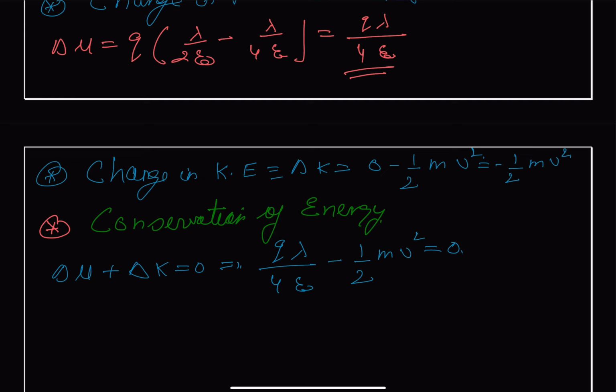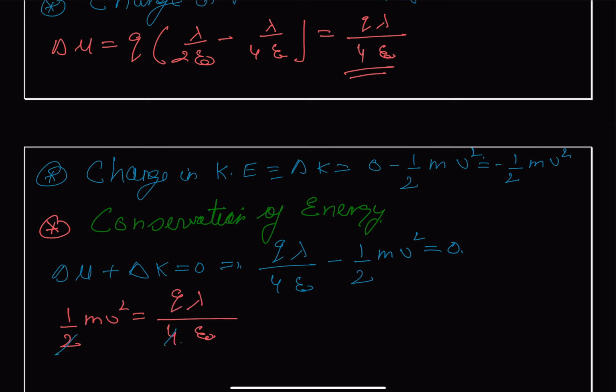We are interested in our velocity. So this comes as half m v square is equal to Q lambda upon 4 epsilon naught.